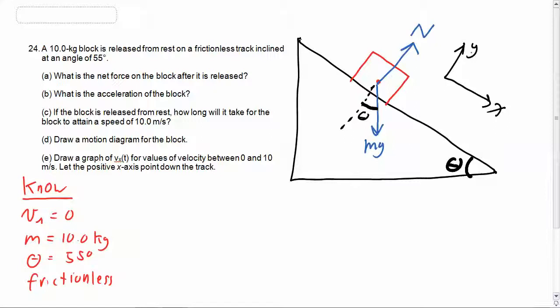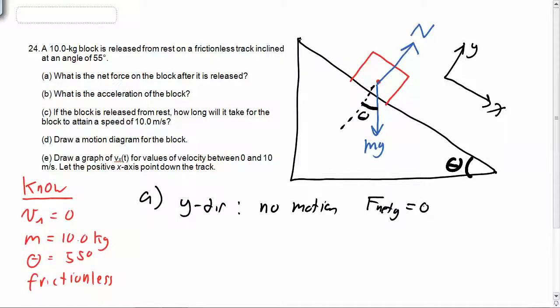All right, so in the first part of the problem, we are asked to find the net force on the block after it's released. So in the y direction, there is no motion. And then by Newton's first law, we would have that the net force in the y direction is simply equal to 0.